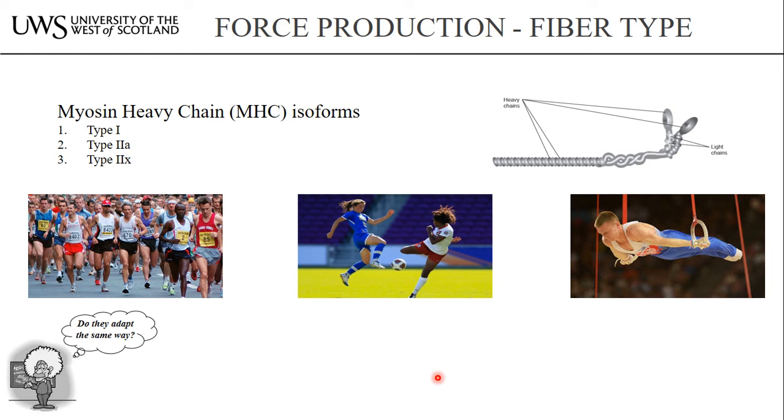While type 2A and type 2X are commonly defined fast twitch type fibers or white fibers. So these are the fibers dedicated to produce a very high amount of force in an explosive manner, but the downside is the fact that these fibers are easily and quickly fatigable. So actually they can easily and quickly lose their force capability because of the effect of acute fatigue.